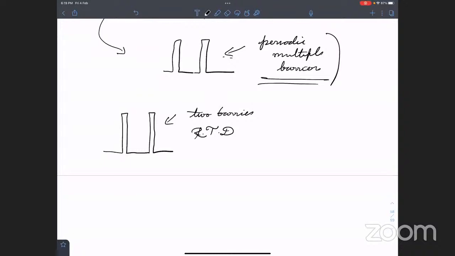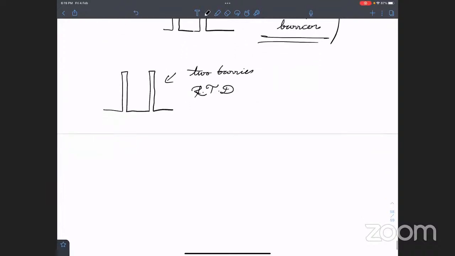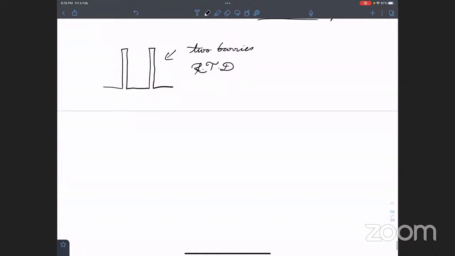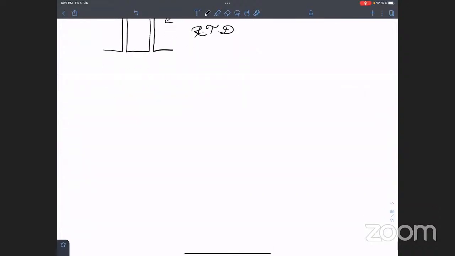So before going again into the mathematics, let me take you into the world of devices now. And let us try to put whatever we have learned in this mathematics in the context of a real device. Remember, in a real device, when we draw a well like this, in reality we can never realize something like this.